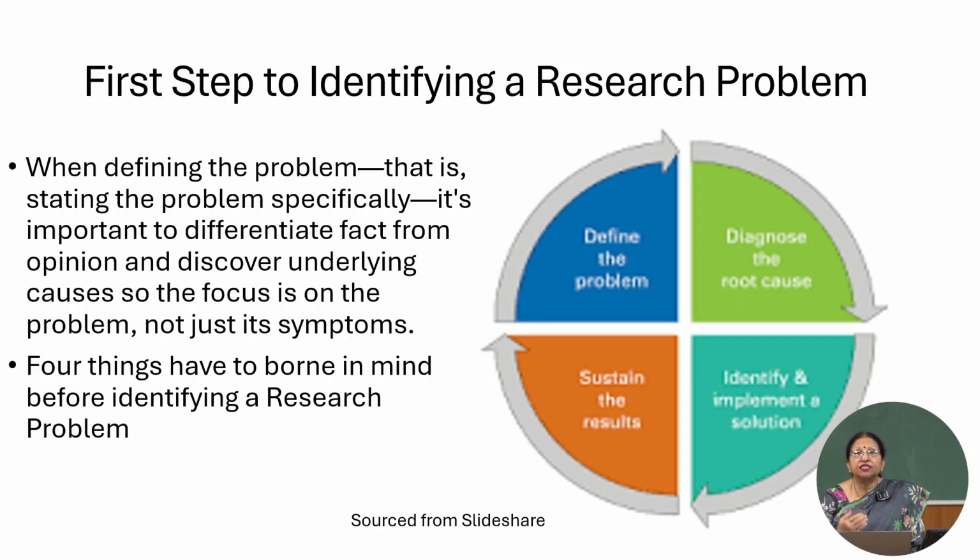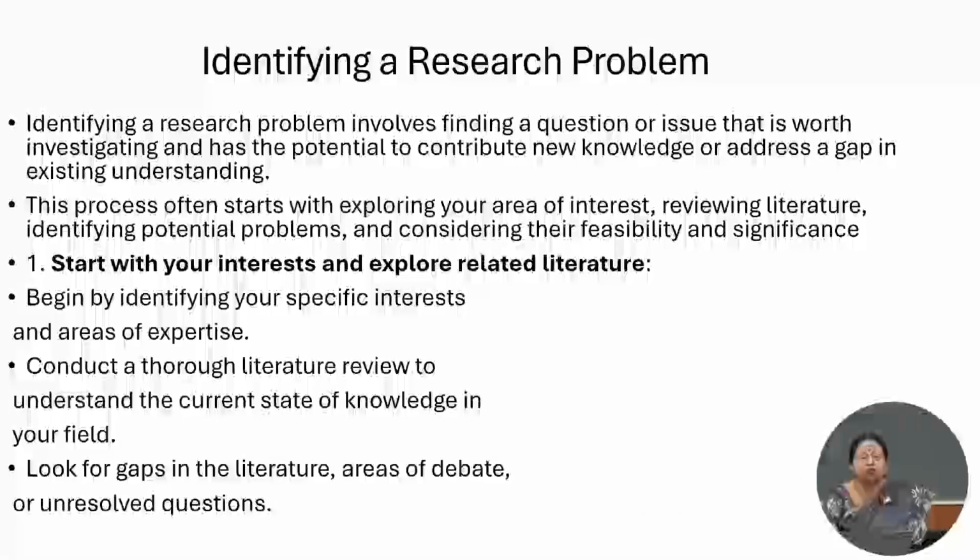It could be that this is what you have inferred from your research problem or you wish to infer. So these are four different points that have to be borne in mind before identifying a research problem.